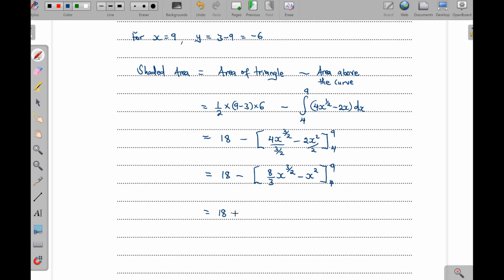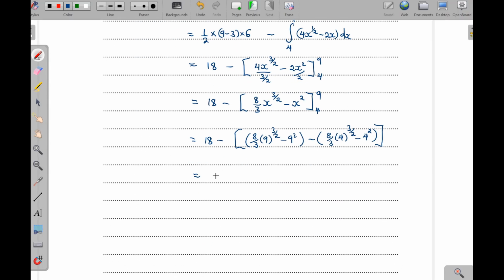So we shall have 18, then minus, let us put a 9, that will be 8 over 3, then 9 power 3 over 2, minus 9 squared. Then after that, we subtract, and then we put the lower limit 4. So that will be 8 over 3, and then 4 to the power of 3 over 2, then minus 4 to the power of 2, then we close.